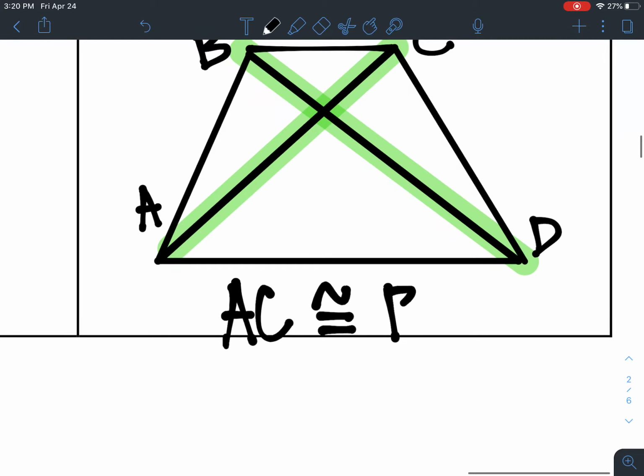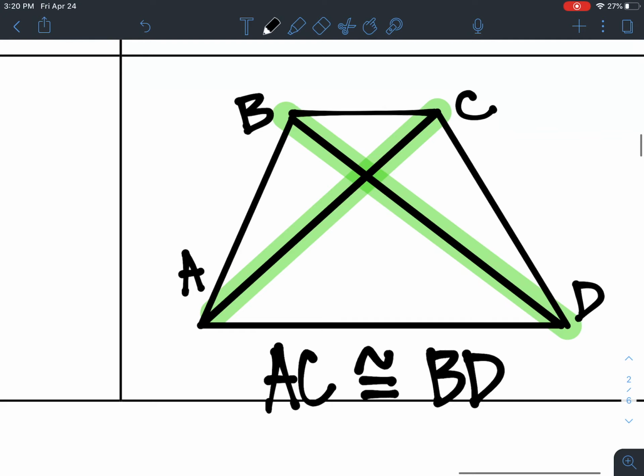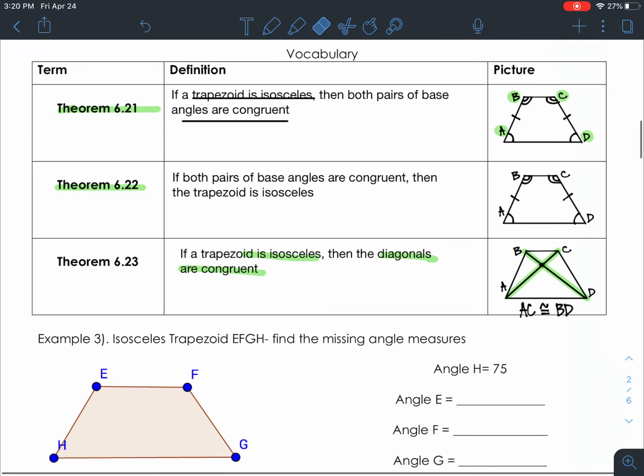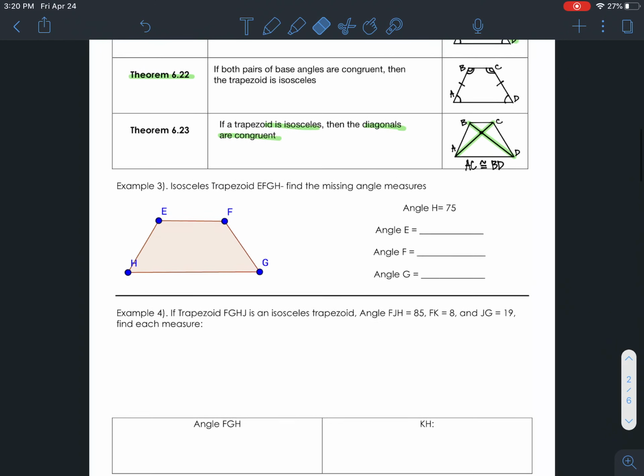What we don't know is that the intersection bisects those diagonals. If this was E, we don't know that BE is congruent to ED. That's not true. We don't know that diagonals bisect. All we know is that the diagonals are congruent.